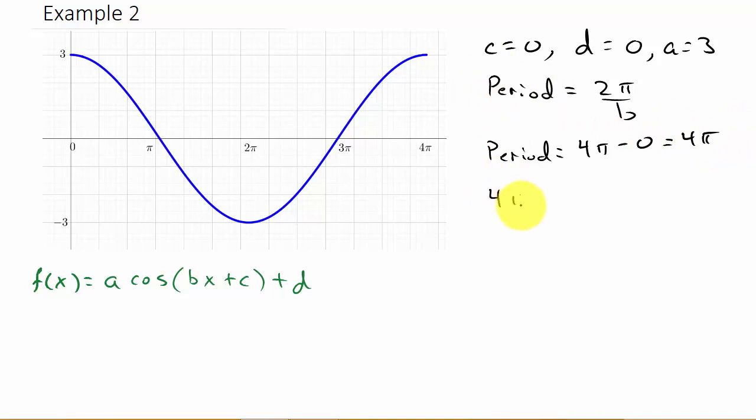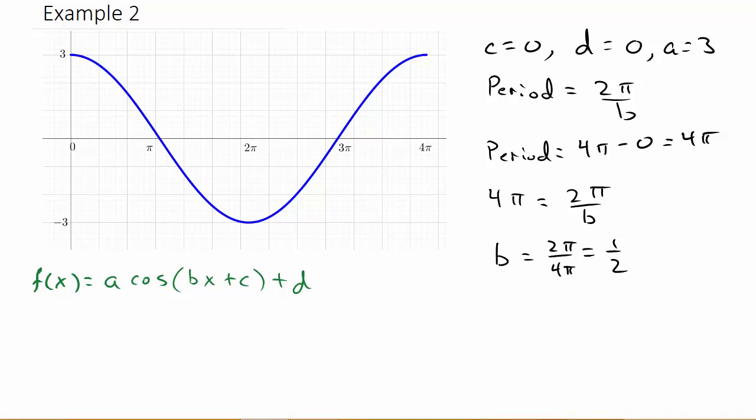So that means that 4 pi is equal to 2 pi over b. And then if we solve this for b, we bring the b up. So that's b equals, and then when the 4 goes across, it goes to the denominator. So that'd be 2 pi over 4 pi. So we get b is equal to 1/2.